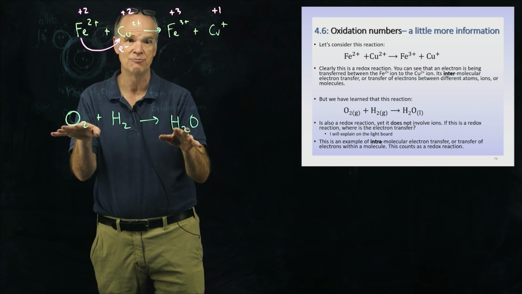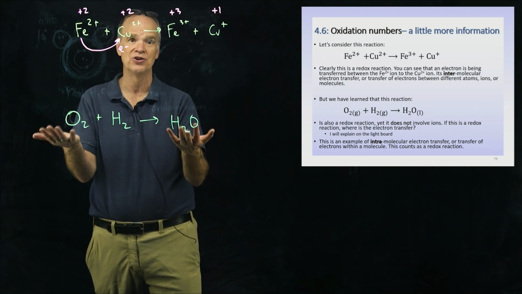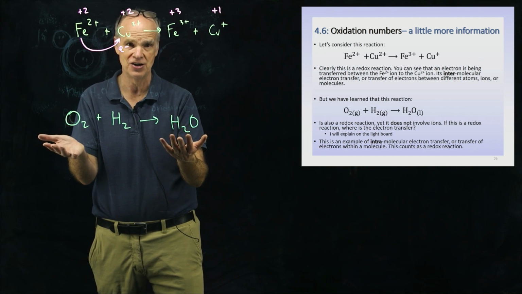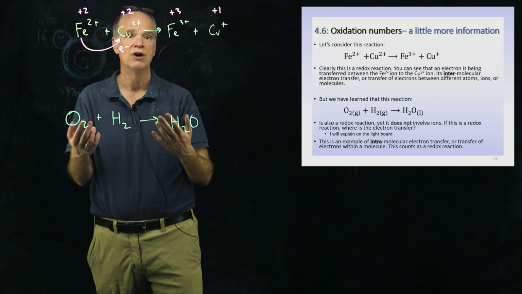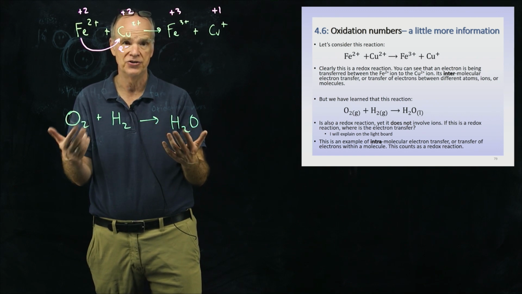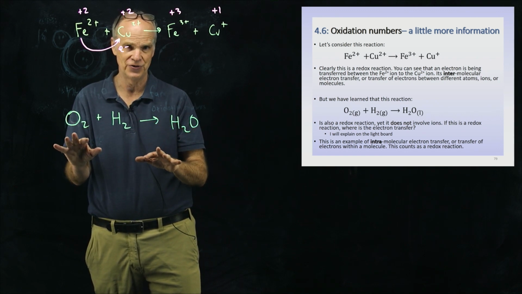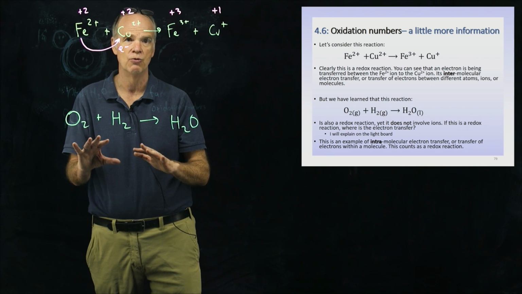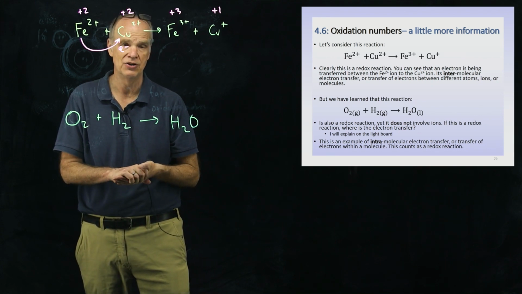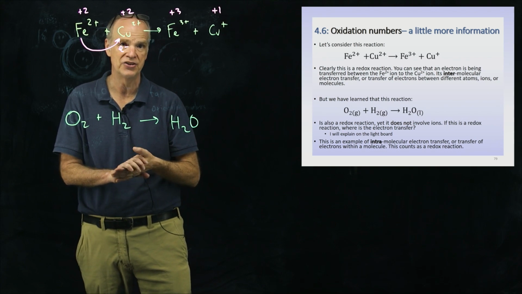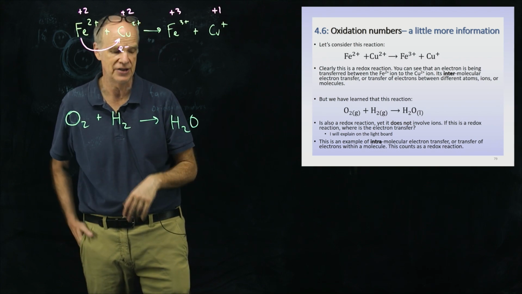We're dealing with molecules. So these molecules don't have full charges. So how can this be a redox reaction? Well, it's because there is going to be partial transfer of electrons from one atom to another. And if you have partial transfer of electrons, that qualifies it as a redox reaction. So let me explain how that happens.